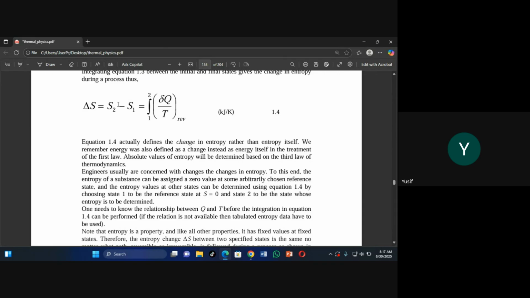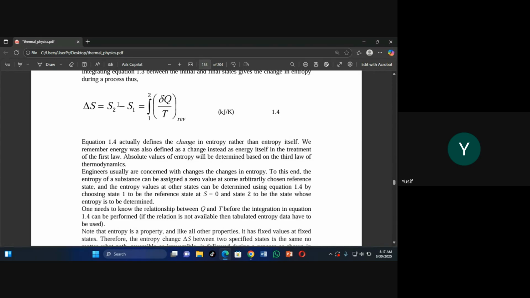But you should also know that change in entropy is the same as entropy. I hope I'm not confusing you, or the book is not confusing you. What we are seeing in equation 1.4 we are referring to as a change of entropy, because we are trying to find the difference between state 1 and state 2.